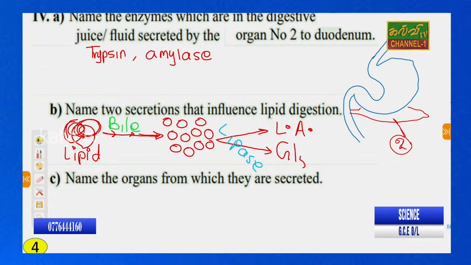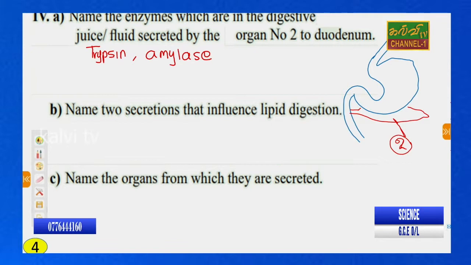Okay. So name 2 secretions that influence lipid digestion. Secretion means it is produced by the organs, the substance produced by the organ. Therefore, we should write the answer as juice.